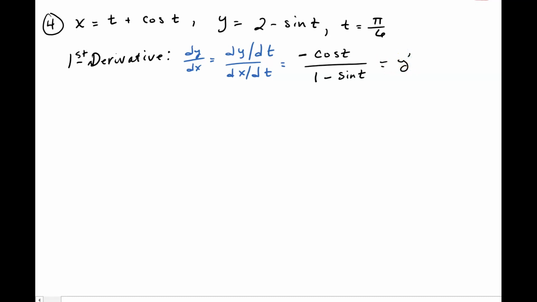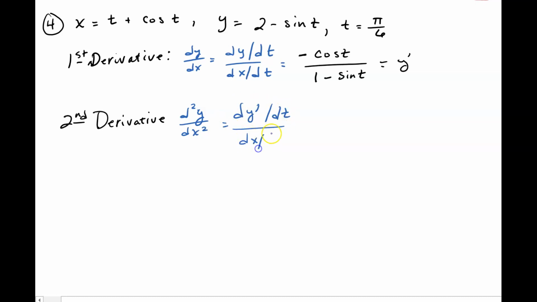Now to find the second derivative, we recall the formula. If we want d2y/dx2, we're going to get d(y prime)/dt divided by dx/dt.